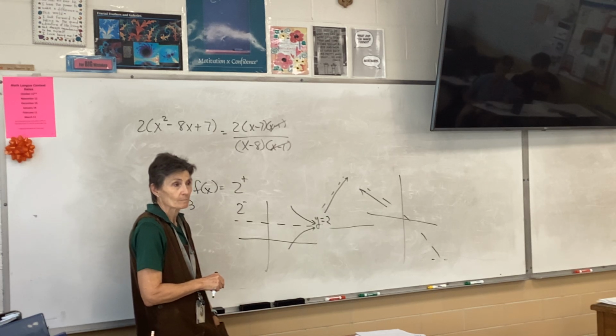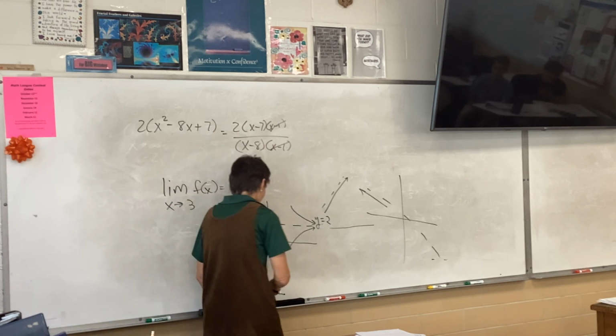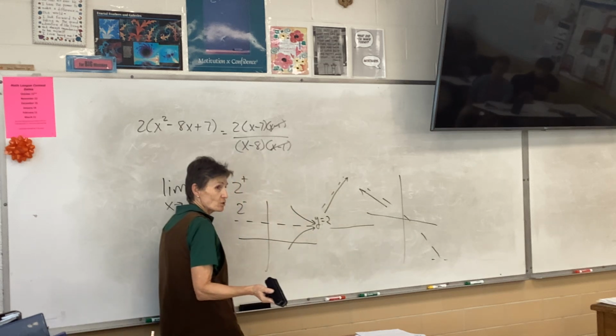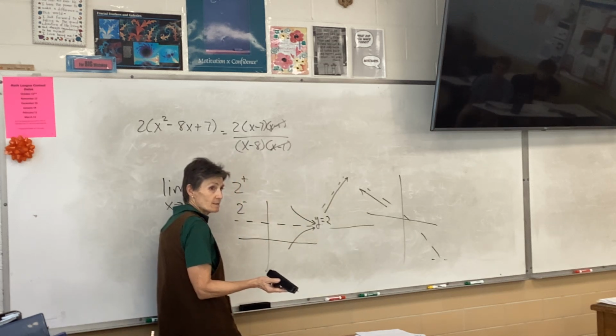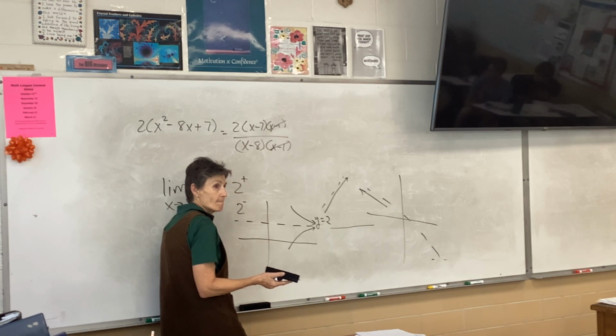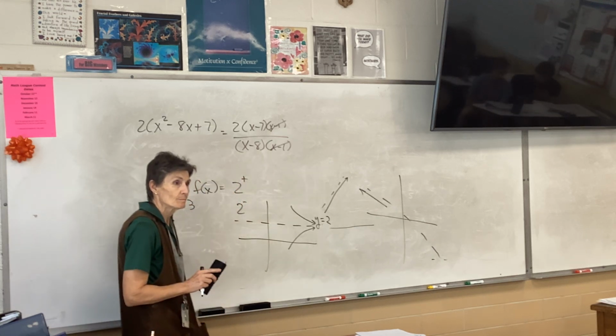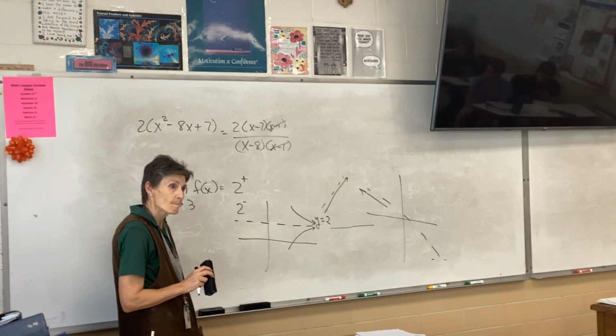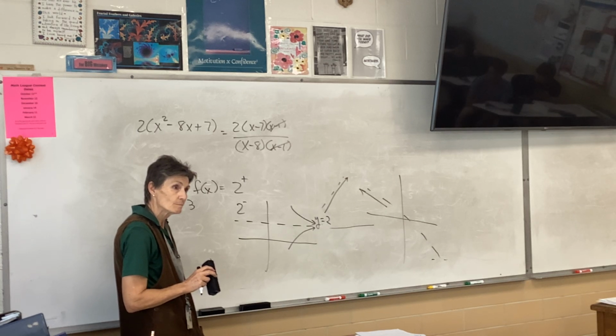Okay, all right, no one asked, you're out of questions? You've got 4 minutes, you're out of questions? I just thought of this, because of that picture, could a horizontal asymptote or slant asymptote be where a hole is?